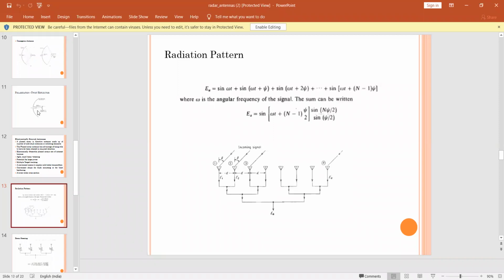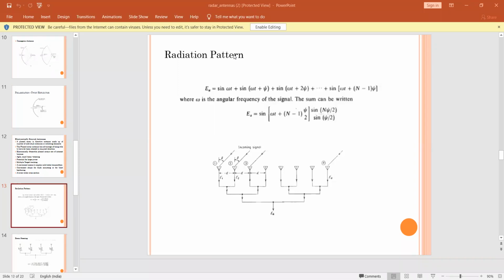Electronically steering an antenna is nothing but rotating an antenna, not mechanically, but rather you will control the antenna beams electronically.